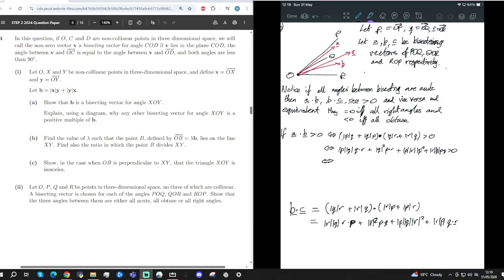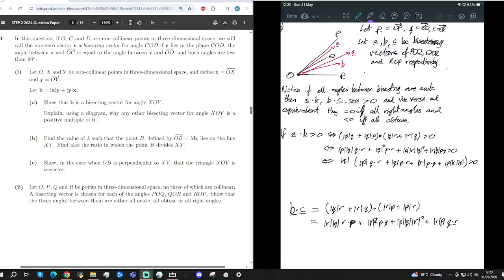So this is mod Q times mod P Q dot R plus mod Q P dot R, and I'm going to reorder slightly, mod R P dot Q plus mod P mod R mod Q. Oh, and nice.